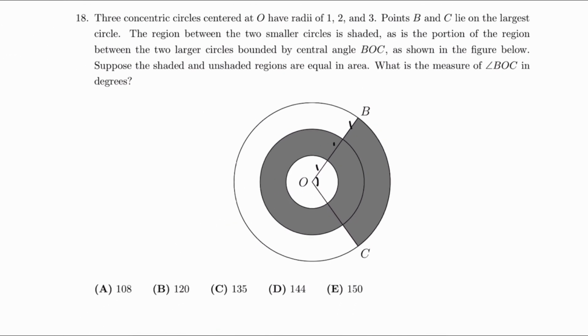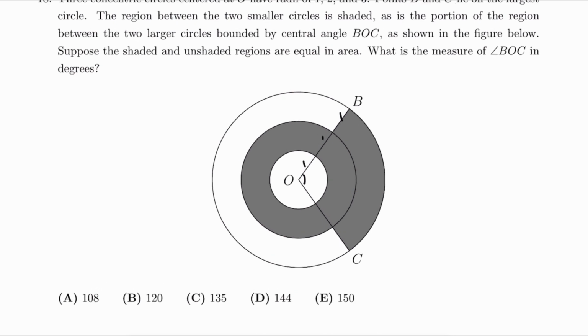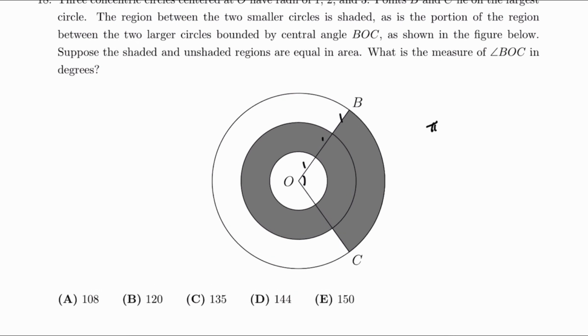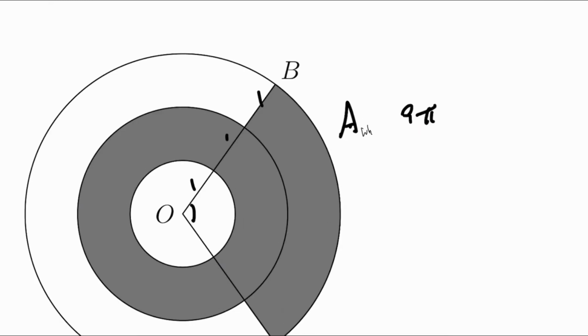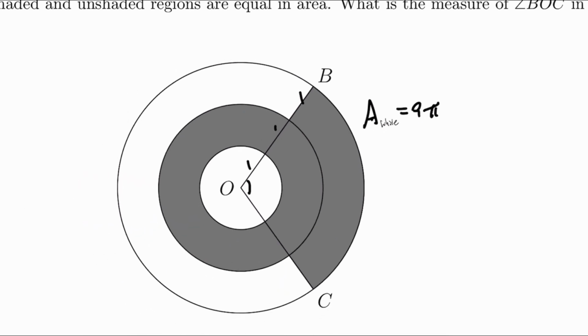The whole area is just going to be pi times 3 squared. So that's 9 pi. Let me just write that more legibly. Area of the whole thing is going to be 9 pi. And so the area of the shaded region is going to be 4.5 pi. Right, shaded is going to be 9/2 pi.